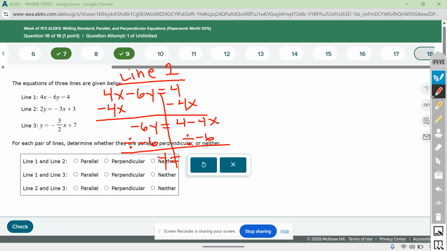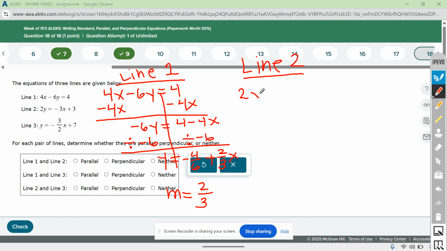So we get negative 4 divided by negative 6 is negative 4 over 6. So we can just leave it like that. We don't have to simplify. It's fine. And then negative 4x divided by negative 6. So negative divided by negative is positive 4 over 6, which is just 4 over 6. Or we can simplify it to 2 over 3x. So our slope here is positive 2 over 3 because once we have slope-intercept form, the slope is mushed against the x, right? Let's do line 2.